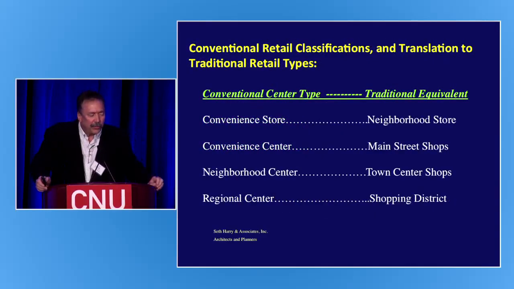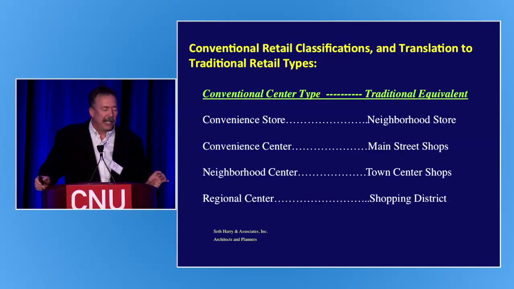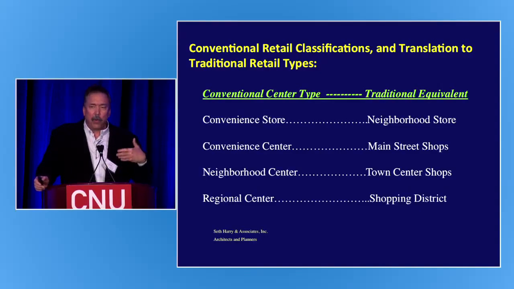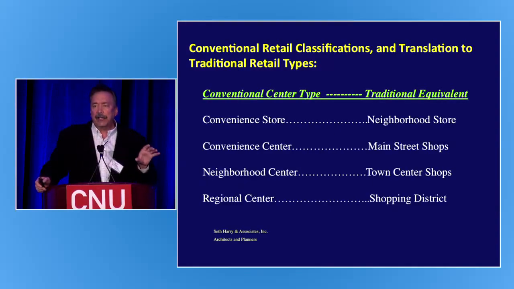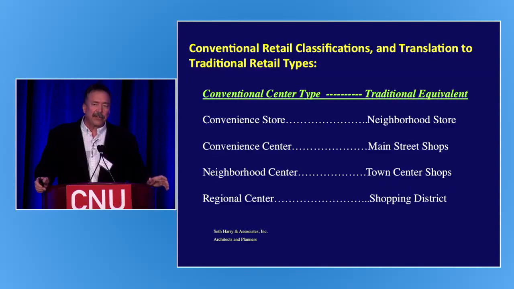So when we start to take all of these ideas and translate them into a new urban form, a compact, walkable, mixed-use town center, the reason why I'm giving you the ULI shopping center definitions is because those are really predicated on market demand and these shopping center characteristics.